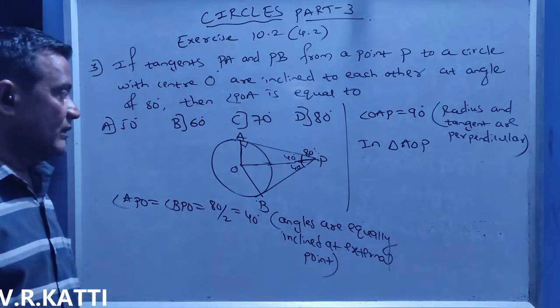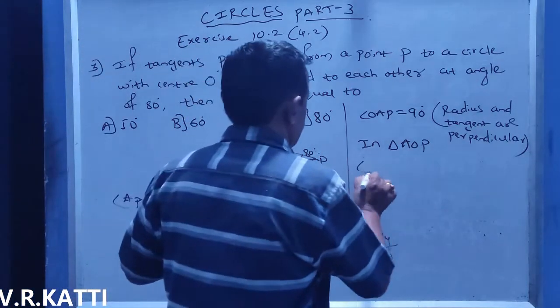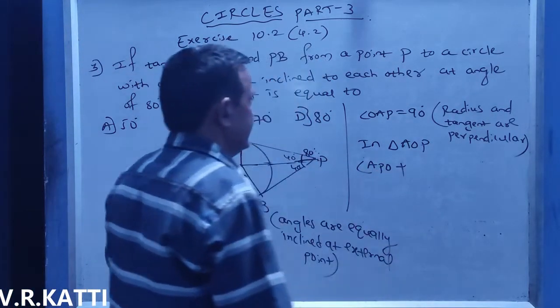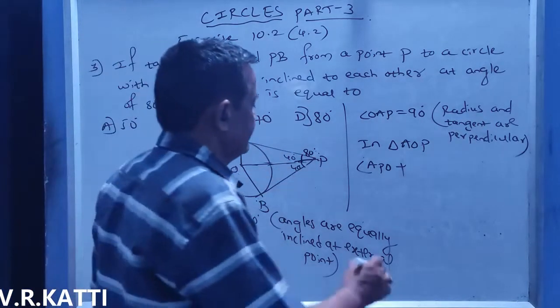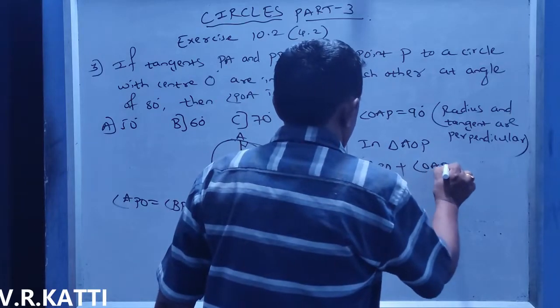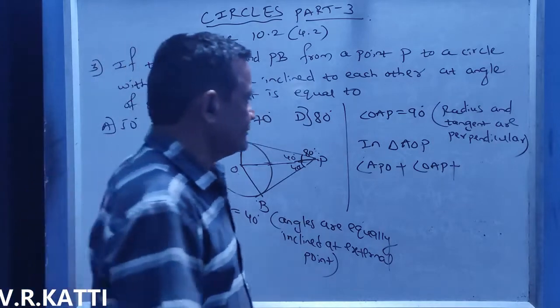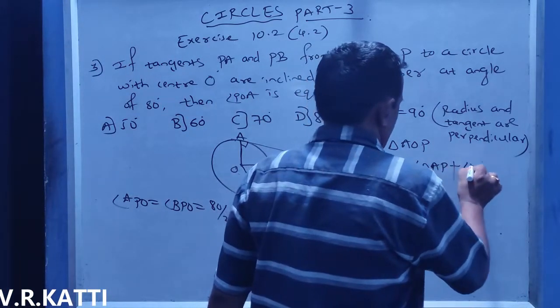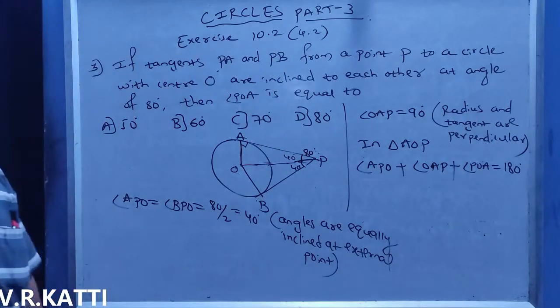So the three angles, what are those? Angle APO plus angle OAP plus angle POA. Sum of three angles 180.